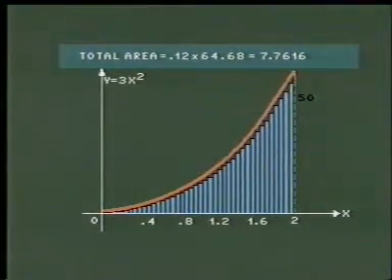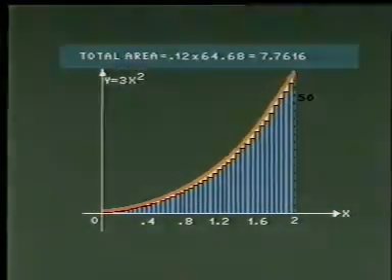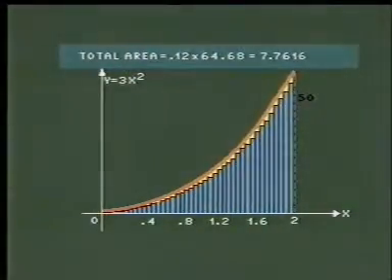Thus we see that as the number of strips n is increased, the total area under the curve 3x square goes on increasing and is tending to a definite value 8.